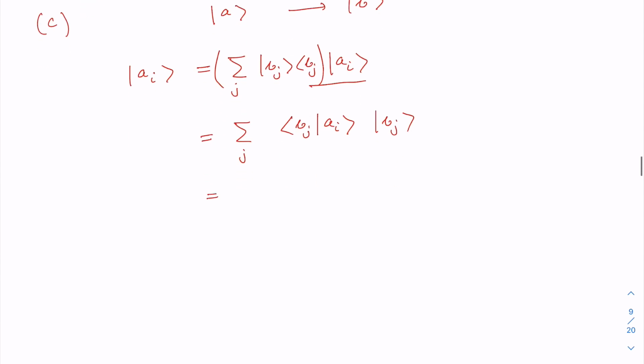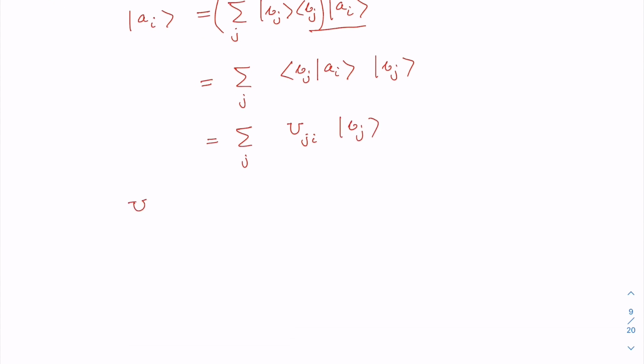So this is my transformation matrix Uji Bj, where Uji is equal to Bj Ai, going from the basis Ai to Bj.